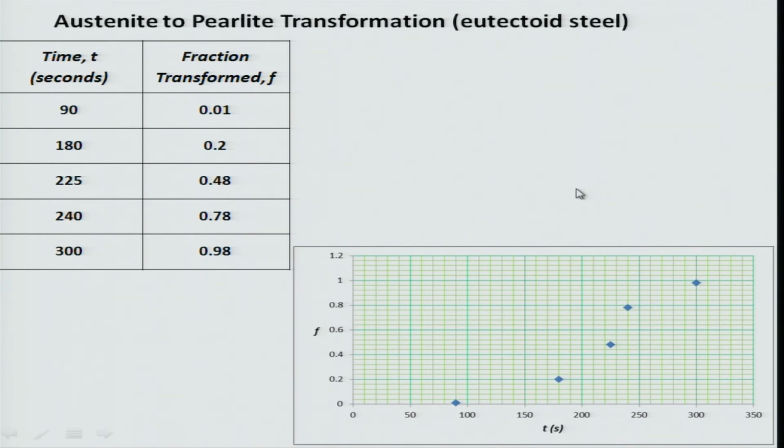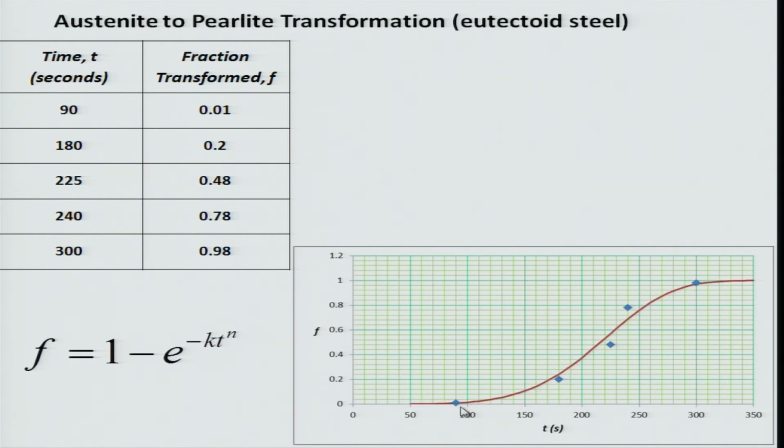Now, the objective here is, if we need to analyze this data in terms of the Avrami relation, I need to find the parameters n and k. Once I know what the parameters n and k are, I would have the Avrami equation, and I would then be able to plot a continuous graph superimposing on these points as shown here.